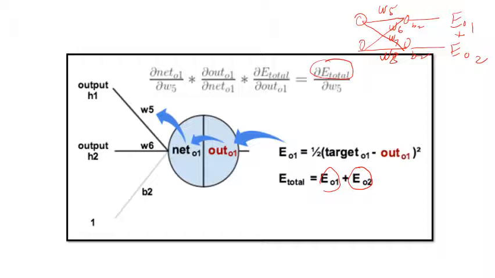Now we'll see how to differentiate the total error with respect to the parameter W5 first, and then we will generalize it.